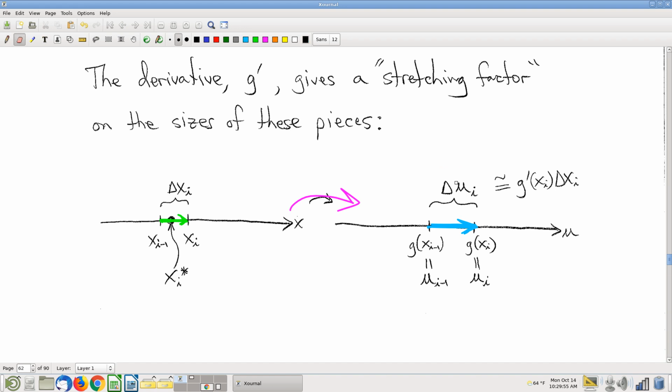Thinking of them as changes, we know that the relationship between input changes and output changes is the derivative. This input change, delta x i, and this output change, delta u i, the derivative of this function tells us the factor relationship between those.